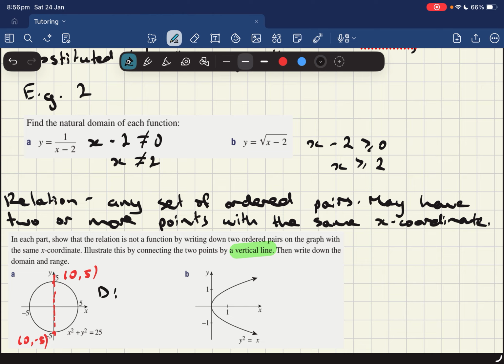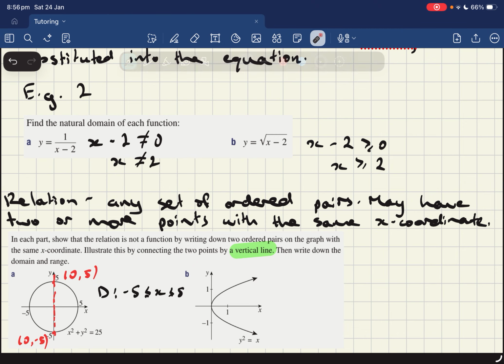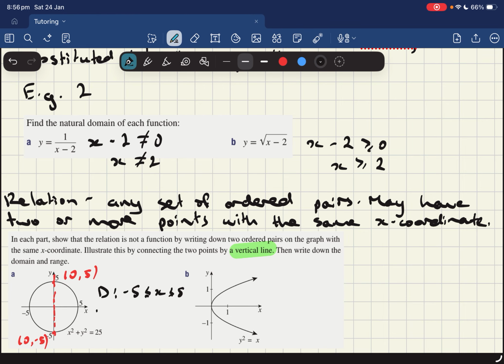Now, the domain is going to be in between -5 and +5. And remember, we have to write less than or equal to because it can take up these x coordinates. And the range will be from -5 to +5.